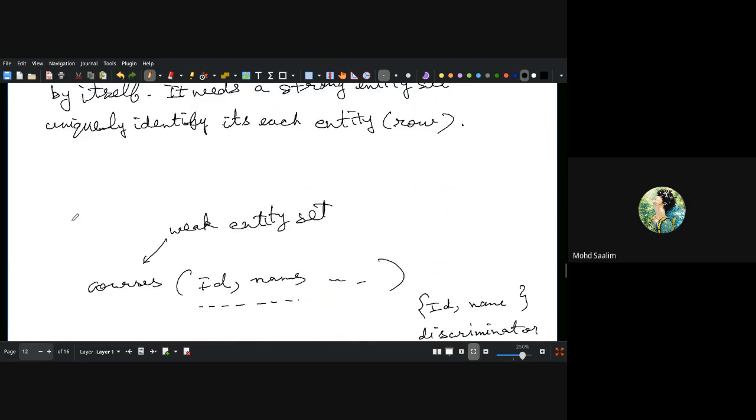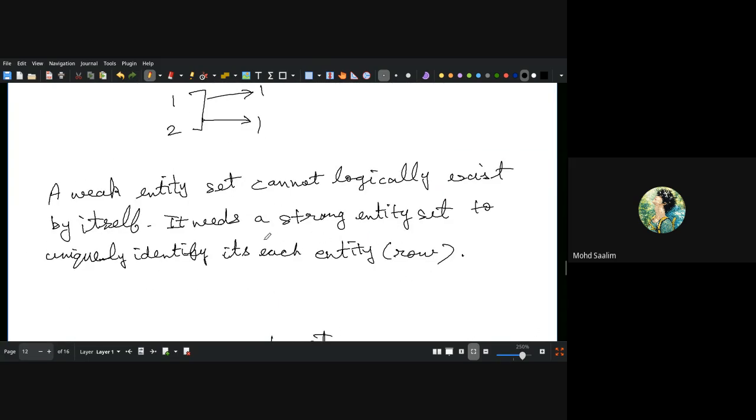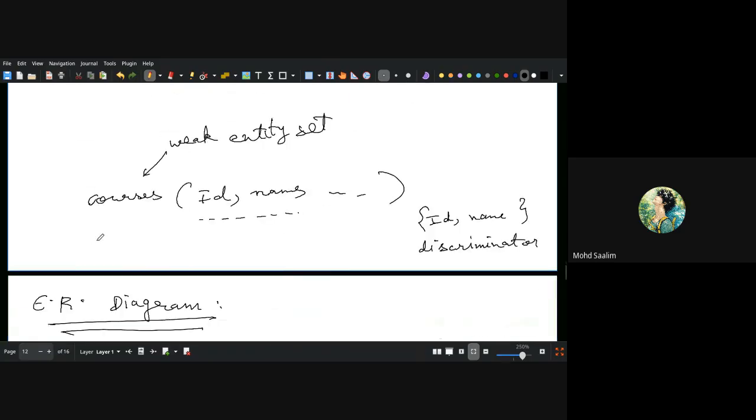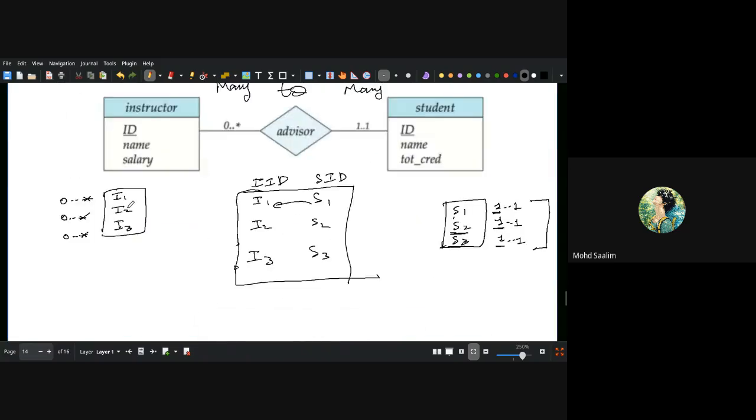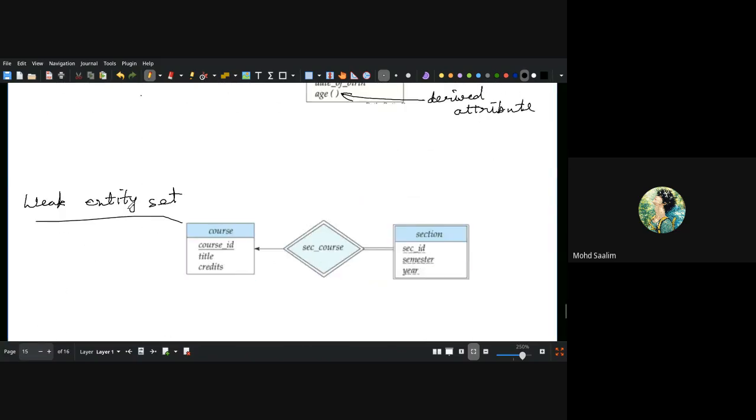When we were talking about weak entity set, I said a weak entity set cannot logically exist by itself. It always needs to maintain a relationship with a strong entity set to exist. So that's why when we are defining a weak entity set, we are defining it in that way.